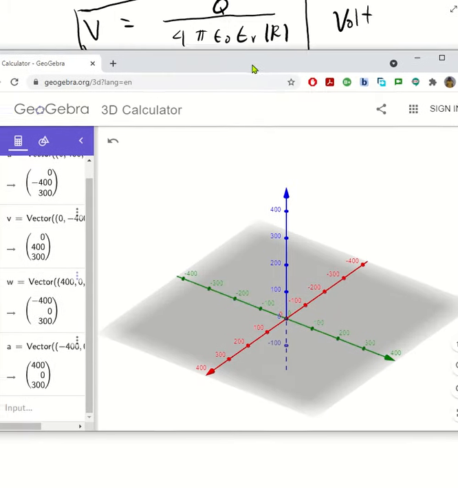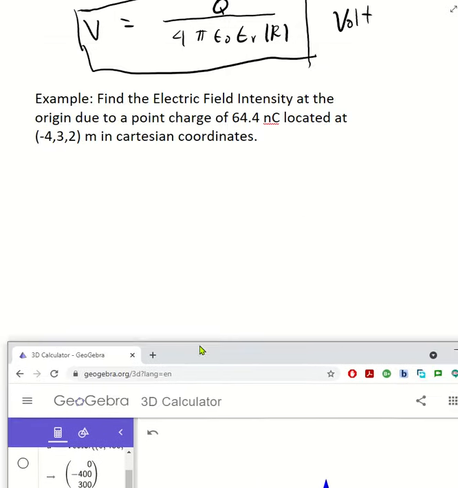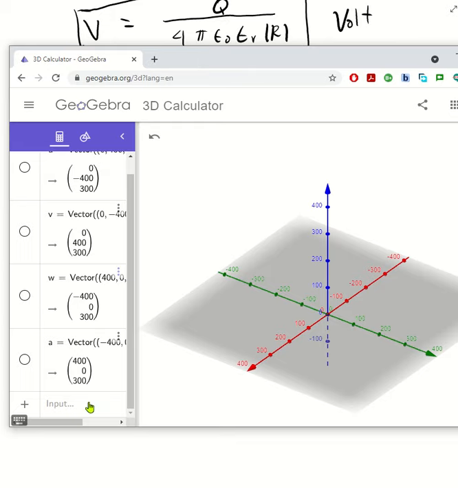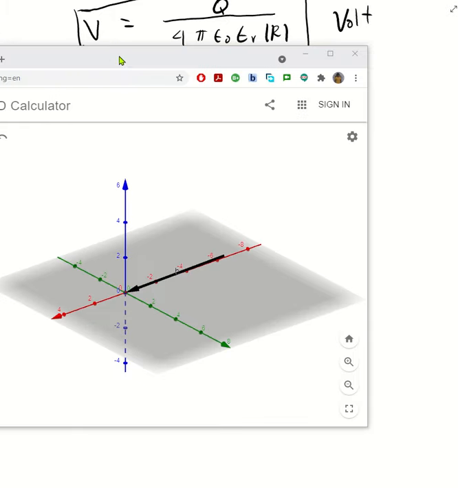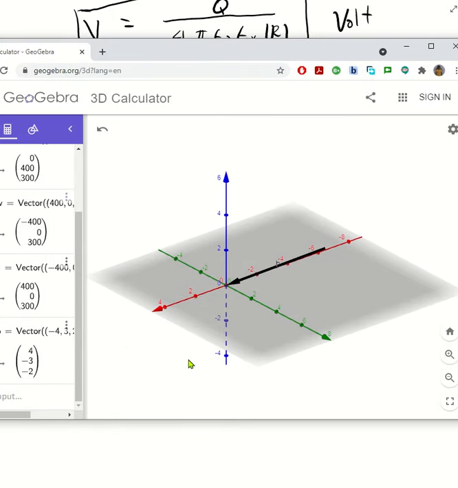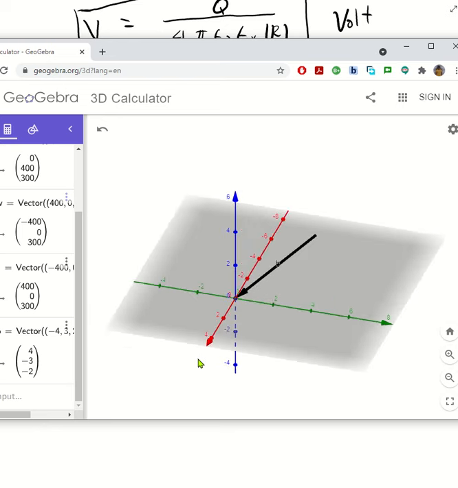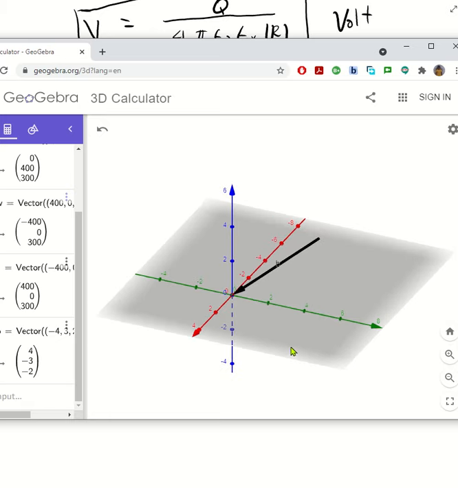Let's try to plot that. -4, 3, and 2. So this is the graph. So at this point, this would be where the charge is equal to 64.4 nanocoulomb, and we want to determine the electric field here at the origin.